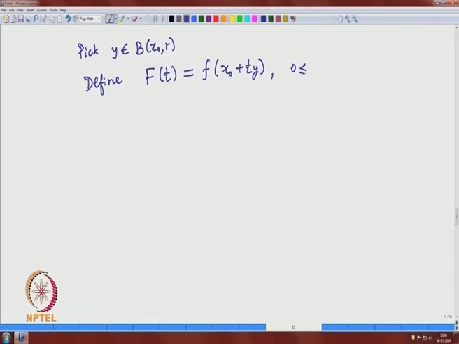So, t is between 0 and 1. Now if you apply the one variable case, with y equal to 1 and x 0 equal to 0, therefore, we have F(1) is equal to F(0) plus F prime(0) into 1.